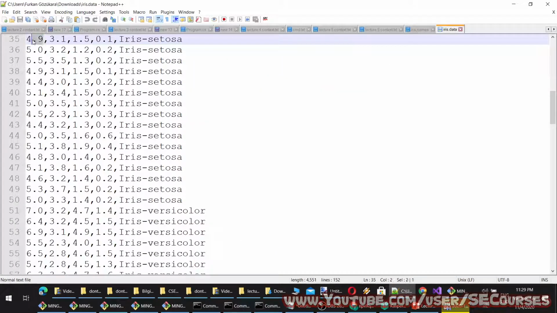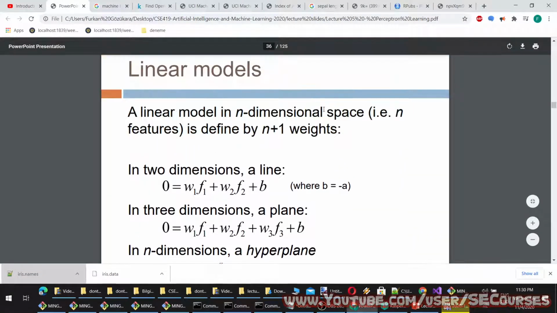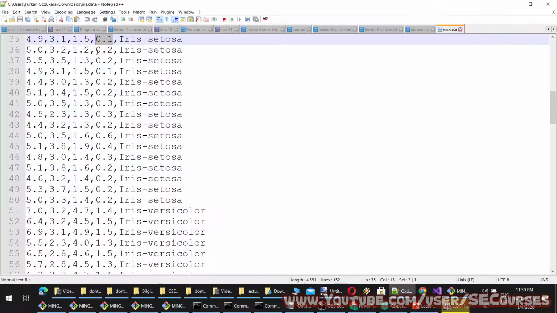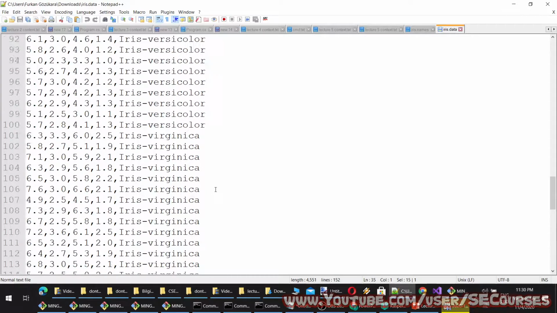So how many dimensions does this data set have? What is the n value here? It is 4 because it has 4 different attributes, features, and therefore this is a 4-dimensional data space, having 3 different possible classes.